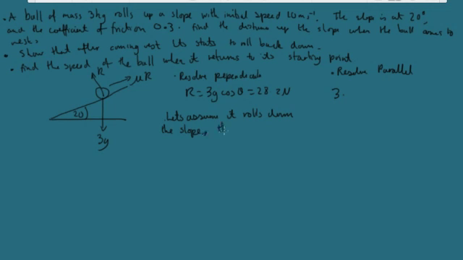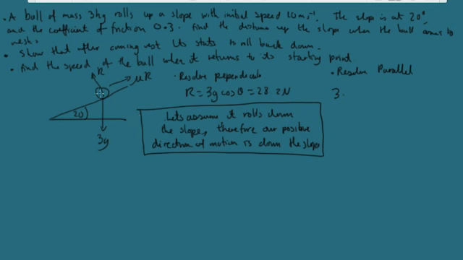Therefore, our positive direction of motion is down the slope. So that's really important to state. We're assuming that it is going to roll down, and if it rolls down, this is our direction of motion.